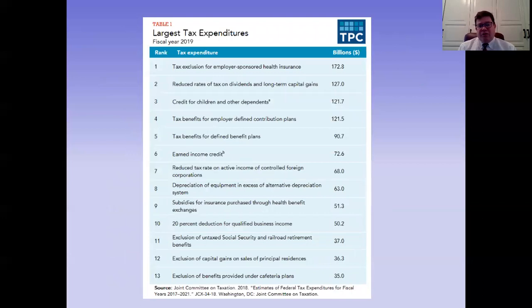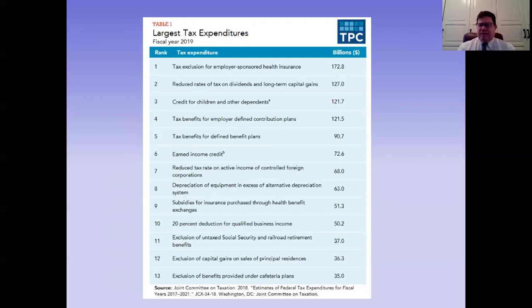Now, all of these things that are tax deductions are what we would consider to also be tax expenditures, or ways in which the government attempts to encourage certain things. And I'm not going to go through all of these, but these are the largest tax expenditures. In other words, things that we don't tax in the US that could be taxed.